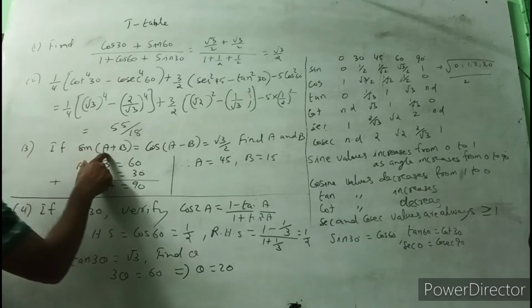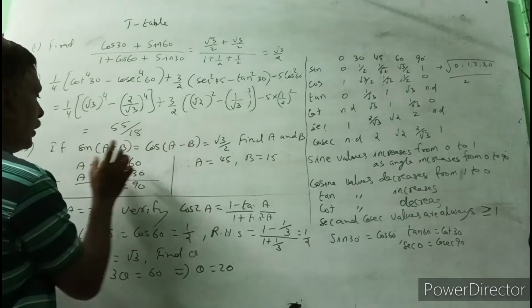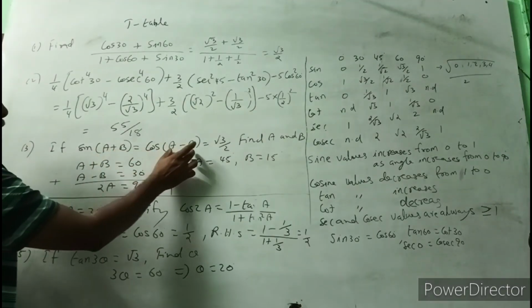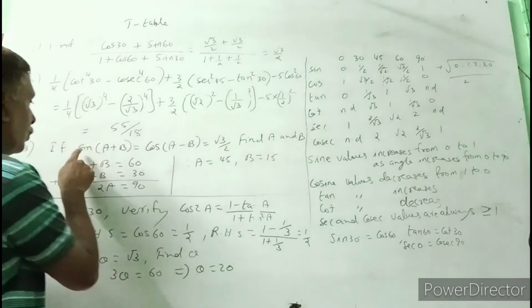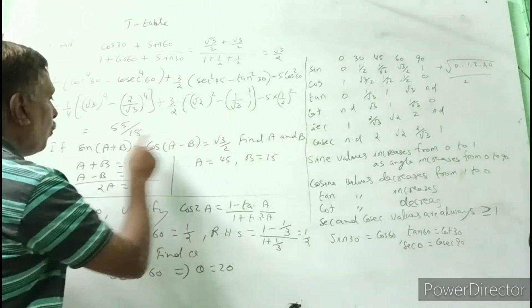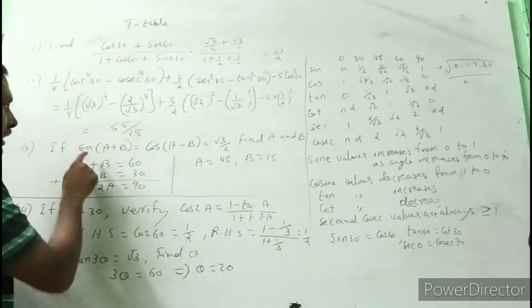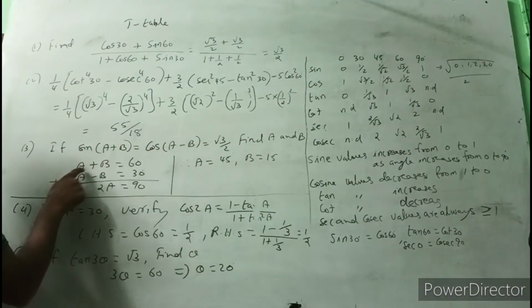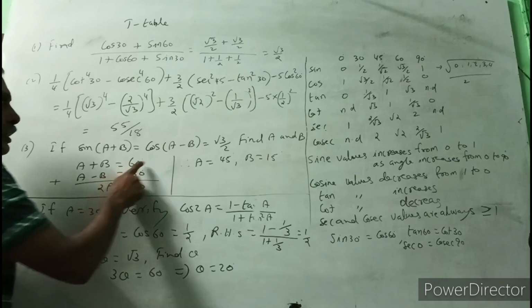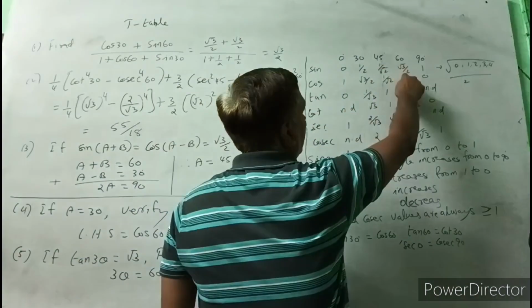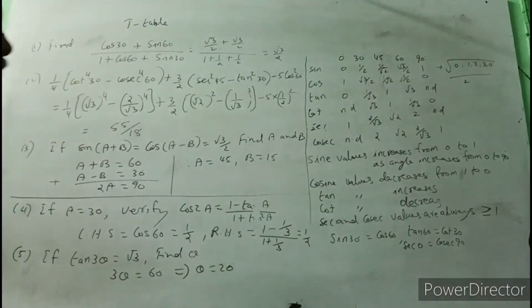Another type of question: sin of a plus b and sin of a minus b. Two angles' sum and difference are given. So sin of a plus b is root 3 by 2 only when you write here 60. Sin 60 is root 3 by 2. That is why a plus b equals 60.